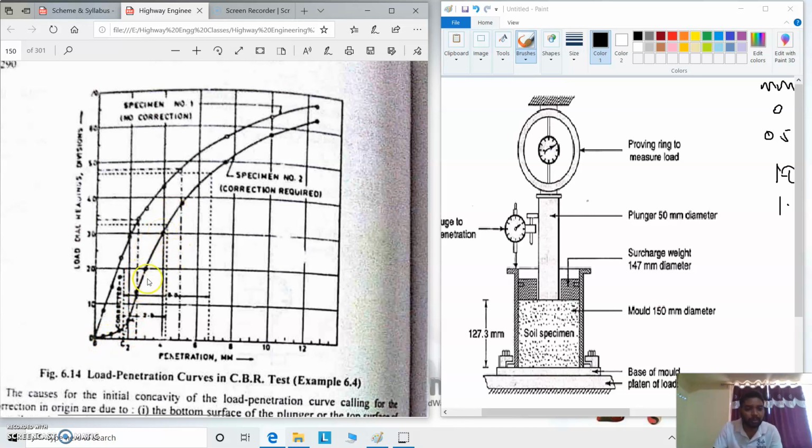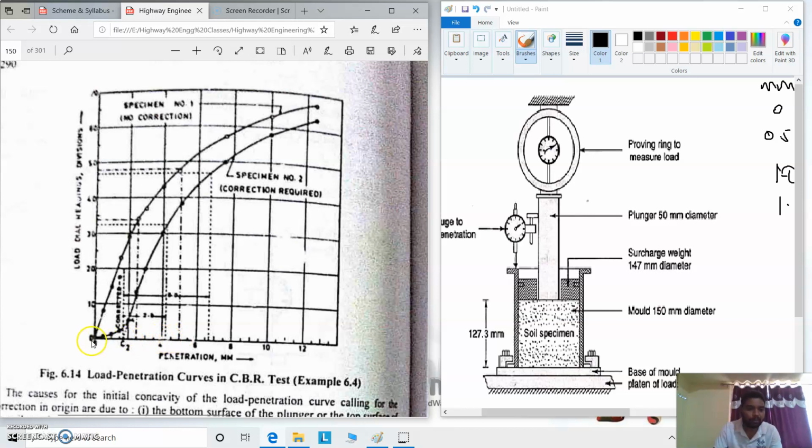The correction is simple: you need to draw a tangent to this line. Just observe the cursor here. For this curve, you draw a tangent at this point, where the tangent cuts the x-axis. That will be your origin, that is the 0 point. From that point, you measure 2.5.